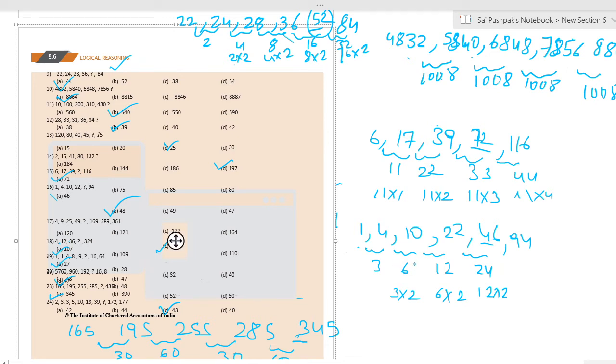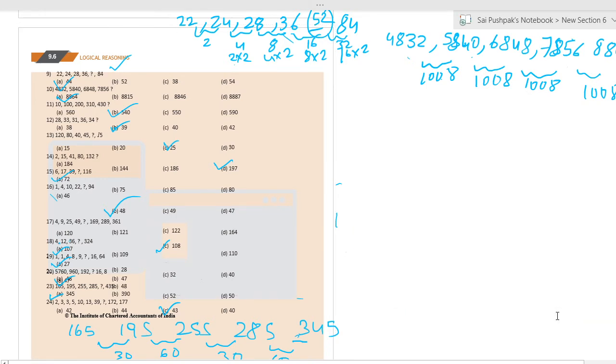The 16th one we have done, and then the last one is the 17th one. 4, 9, 25. Oh my god, after seeing these numbers, something should strike in your mind. We have seen these numbers somewhere. These are nothing but squares of numbers, right? This is 2 square, this is 3 square, this is 5 square, this is 7 square.